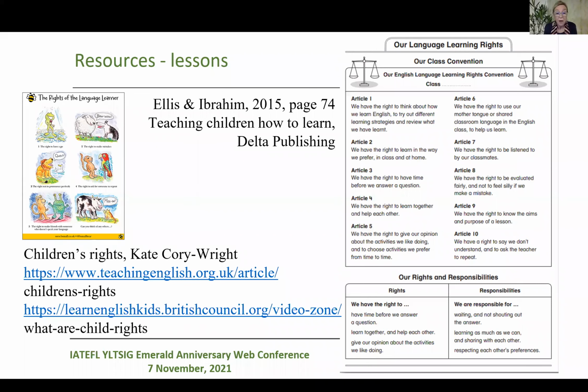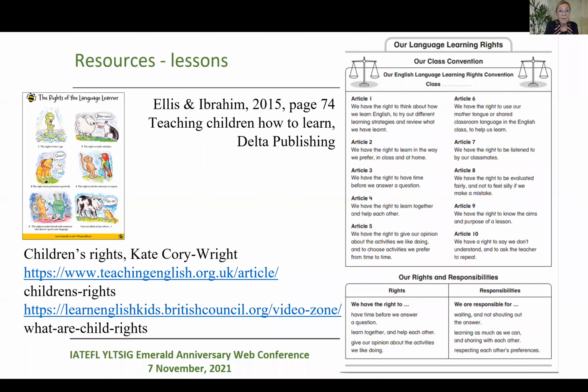And the main outcome is to make a booklet to celebrate children's rights. And there's also a short 3-minute film on the British Council's Learn English Kids website, which you might like to share with your children, with your pupils. So there are some lessons that you might like to try out.